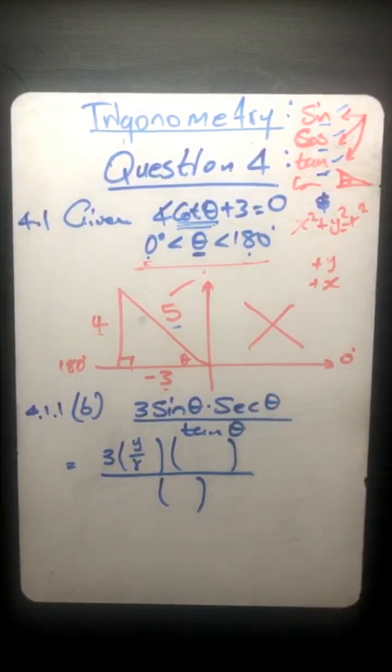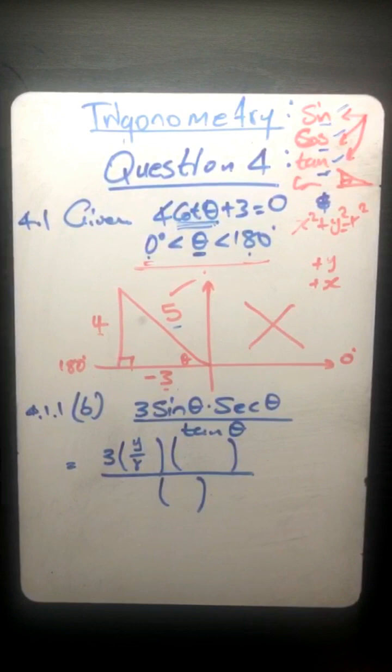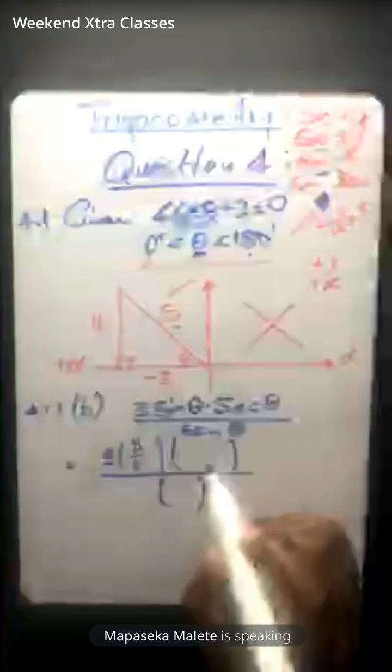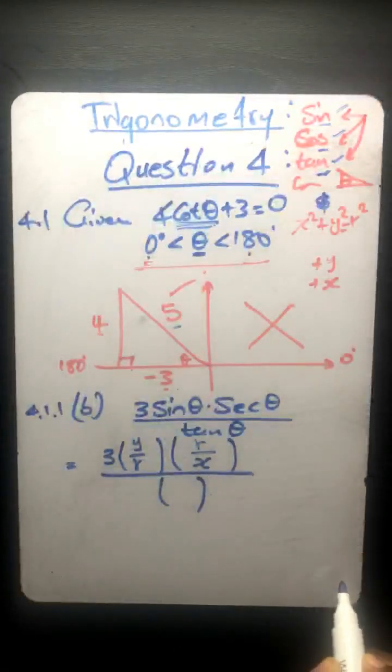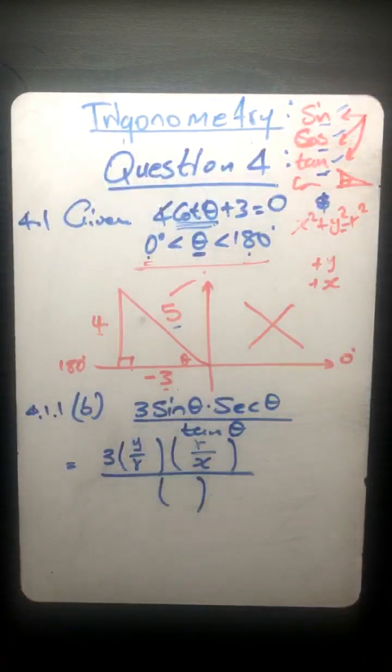So what about sec? That's where you need to remember the cousins. Whose cousin is who? So what is the trig ratio for sec? It's hypotenuse over adjacent, which is r over x, equal to 5 over -3. Okay, now what about tan? I think tan is obvious. What about the trig ratio for tan?